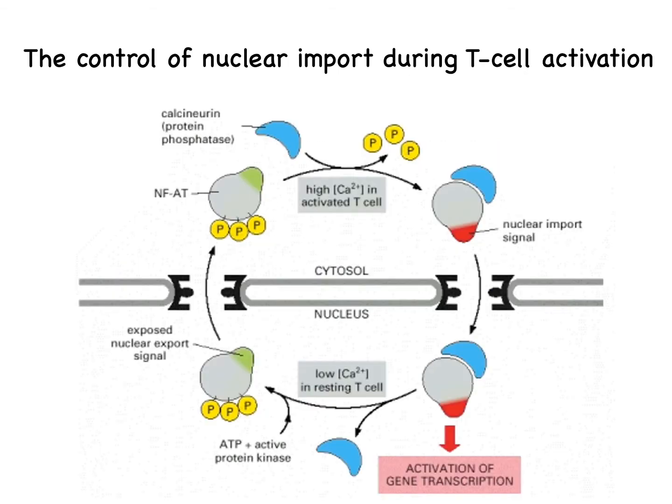And there's an example shown here. Actually, in this case, the protein being transported is modified during T cell activation. There's the nuclear factor AT. When it's phosphorylated, it is outside in the cytosol.